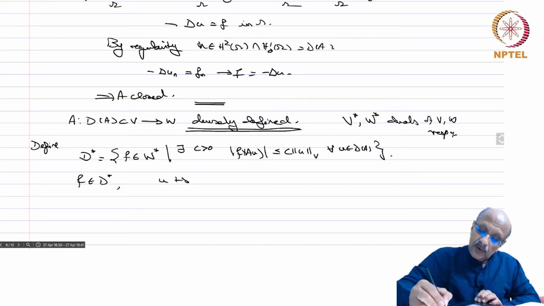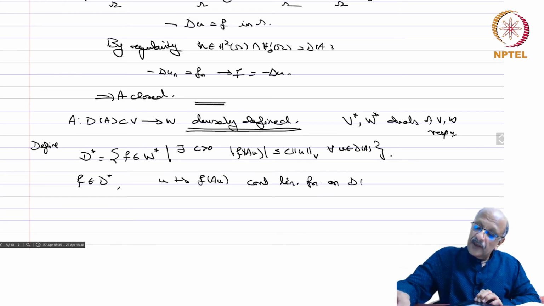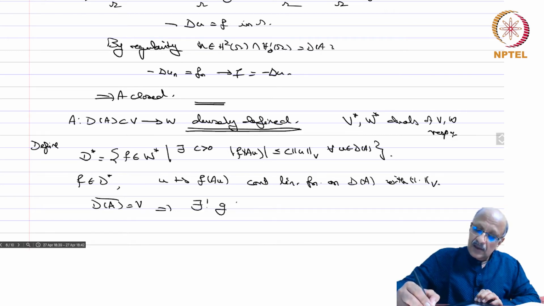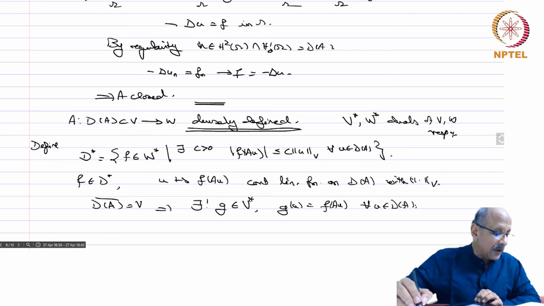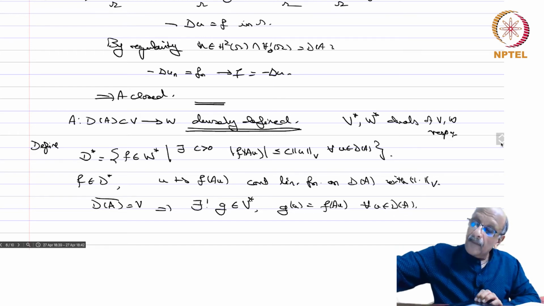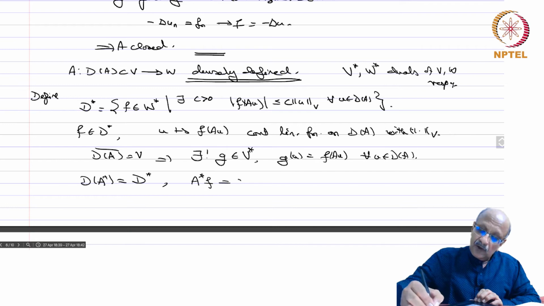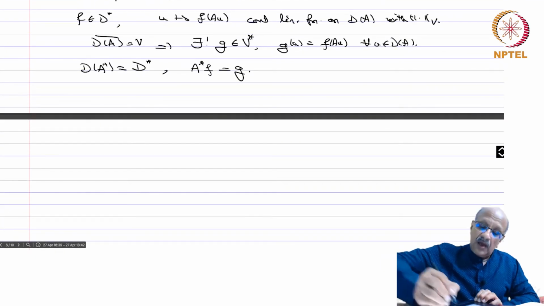Now, if f belongs to D star, then u going to f of Au is a continuous linear functional on D of A with norm V. But D of A is dense in V, which implies there exists a unique g in V star such that g of u equals f of Au for every u in D of A. So we say D of A star equals D star and A star of f we call g.